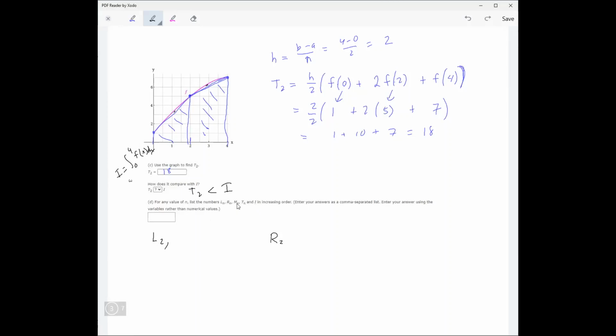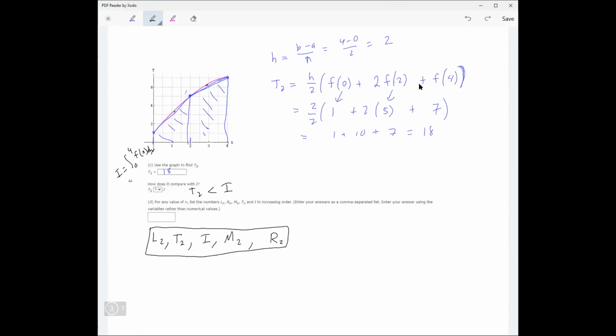The midpoint and the right endpoint were both larger than the integral. The trapezoid's the only one that's smaller than the integral, and M2 is also larger than the integral. So that should be the answer there.